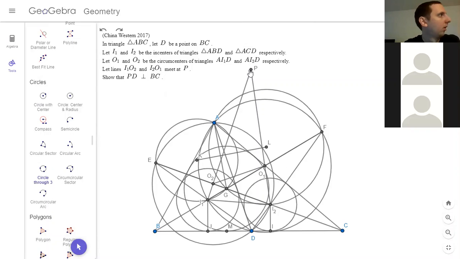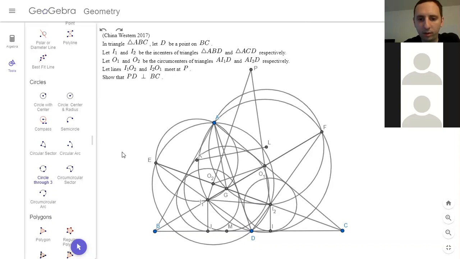Isn't I1, I2, E, F a complete quadrilateral, and I think we can find a Gauss line here. A Gauss line? Okay. Yeah, Gauss line of a complete quadrilateral. Okay, so I1, I2, EF, is that kind of what you were thinking?